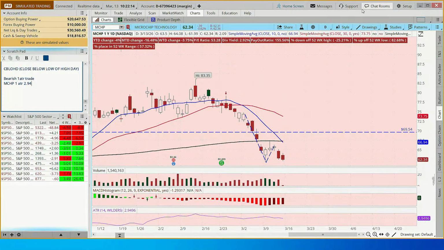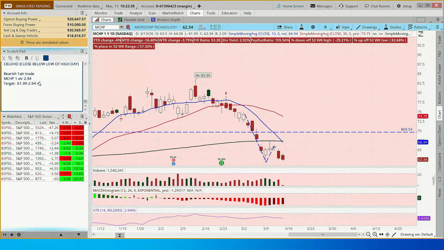And then I'm going to hover over this candle and say, okay, today's high, 64.08. Today's low, 61.99. So our target on this is going to be 61.99 minus 2.94.